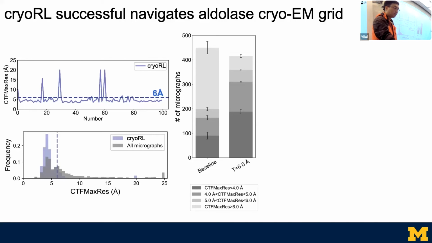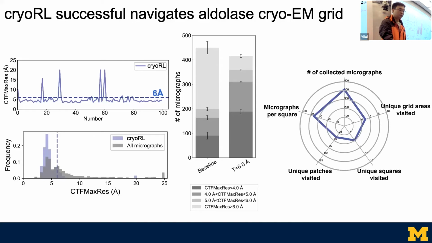The cryo-RL here shows collected micrographs with much higher overall quality compared to the baseline. It doubles the micrograph numbers for micrographs lower than 4 angstrom, and it also collected a lot more micrographs lower than 5 angstroms.